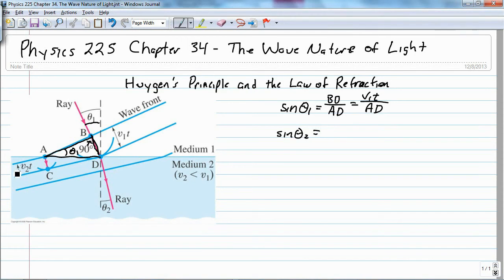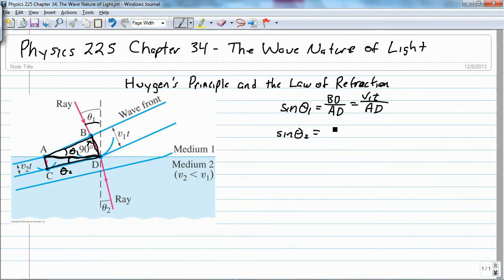well, we can see that we have AC and we have AD and we have CD. And this angle is going to be theta 2 due to similar triangles.